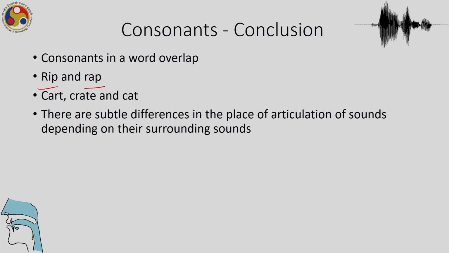Similarly, for very similar words like cart, crate, and cat, the acoustics of these sounds would be different because of the environment and because of the different vowels, which will influence the consonant.